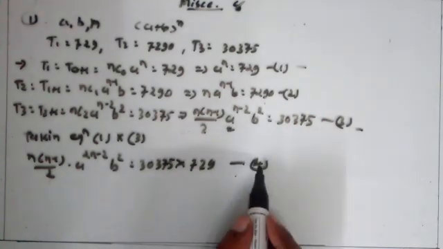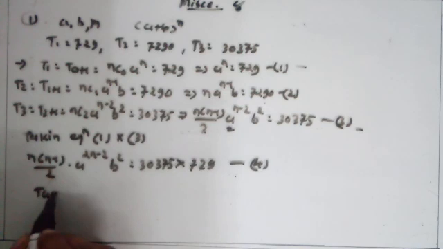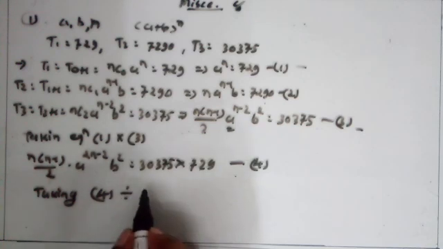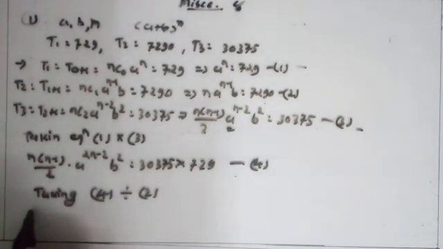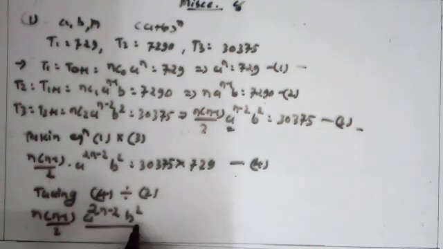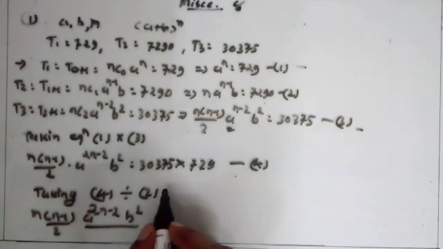Now divide result 4 by the second equation squared. Here n into n minus 1 upon 2, a raised to 2n minus 2, b raised to 2, upon the square of equation 2.